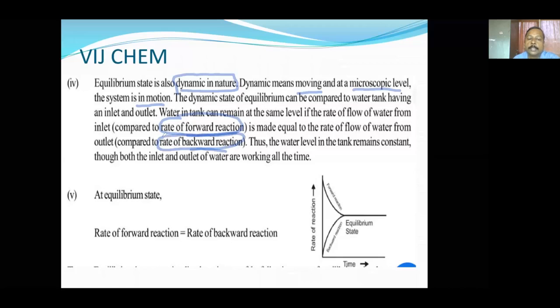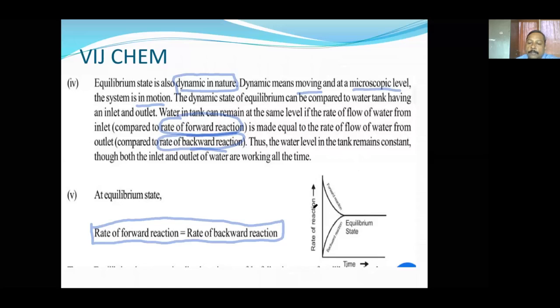That is what is called dynamic in nature. This is the basic condition for equilibrium: at equilibrium, the rate of forward reaction equals the rate of backward reaction. The forward reaction is reactants converting into products, and the backward reaction is products reacting to give back reactants.